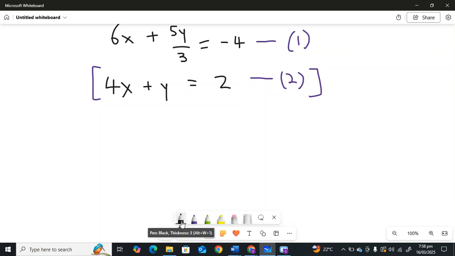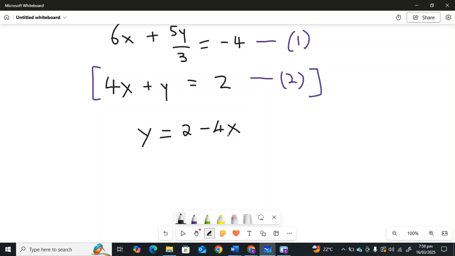So to make y the subject for this equation, just take the 4x over the equal sign. So y equals 2 minus 4x.